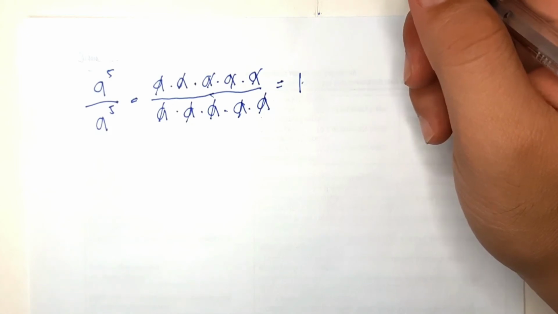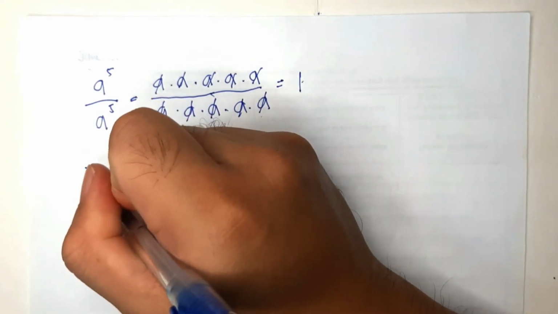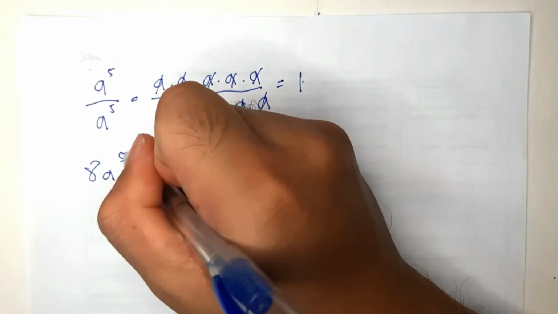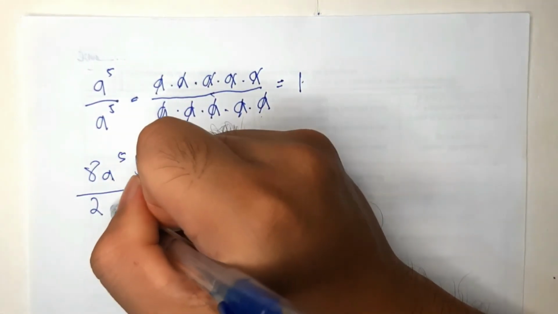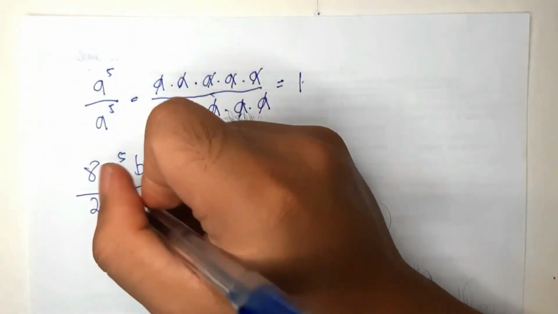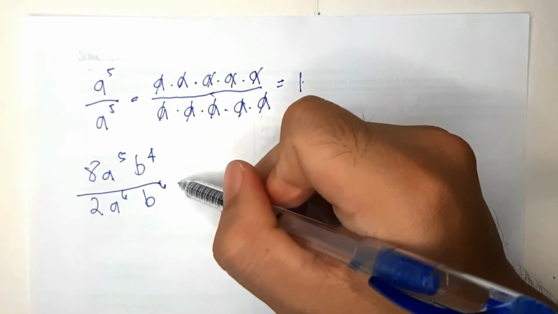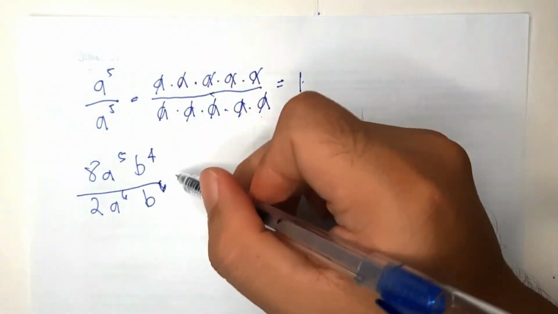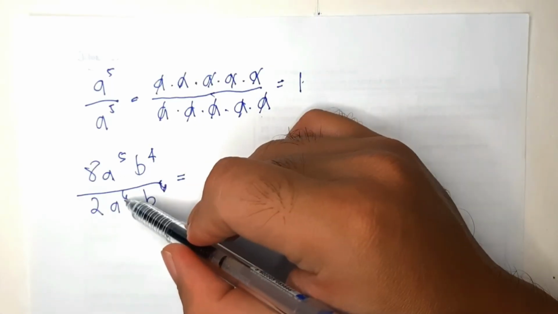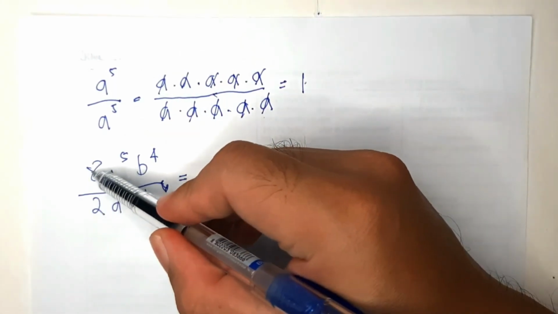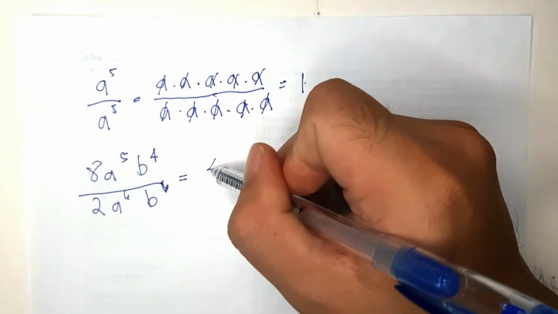Let's move on to our next example. So without using the expansion, we can just simply subtract the exponent of the numerator over the denominator. So 8 divided by 2 is simply 4.